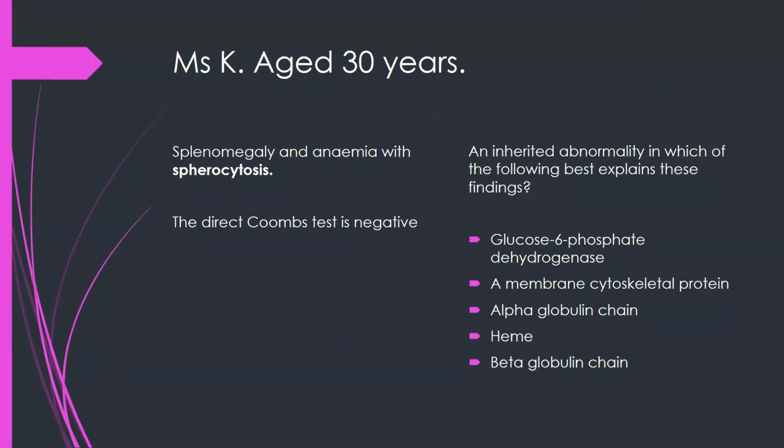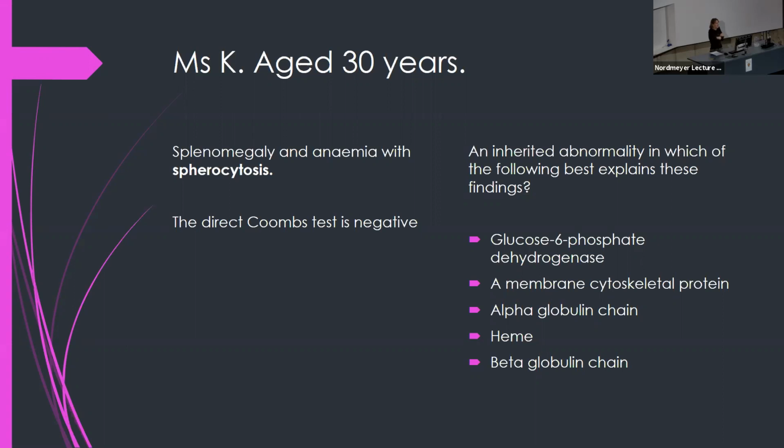And then the question that goes with that one, and I think this was either a practice or a real question. So an inherited abnormality of which of the following best explains these findings? Is it G6PD deficiency, which is the enzyme that you need to make NADPH, which protects your red cells from oxidative stress?